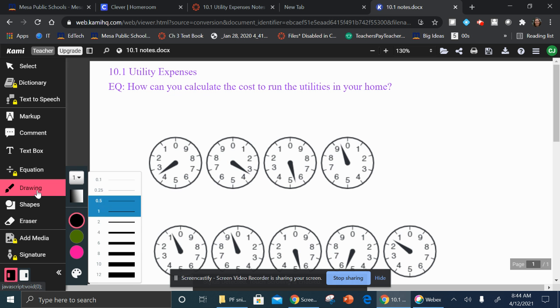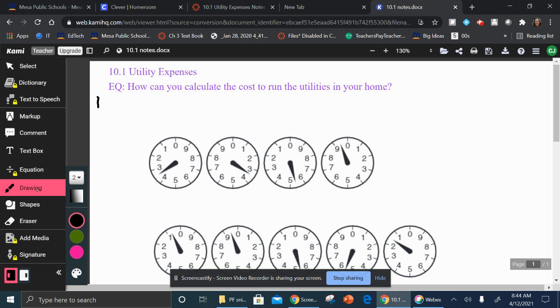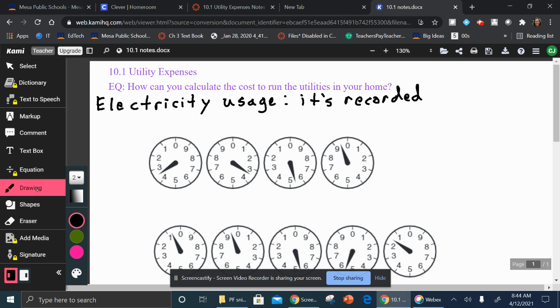So with utility expenses, everybody, electricity usage is recorded by a meter.